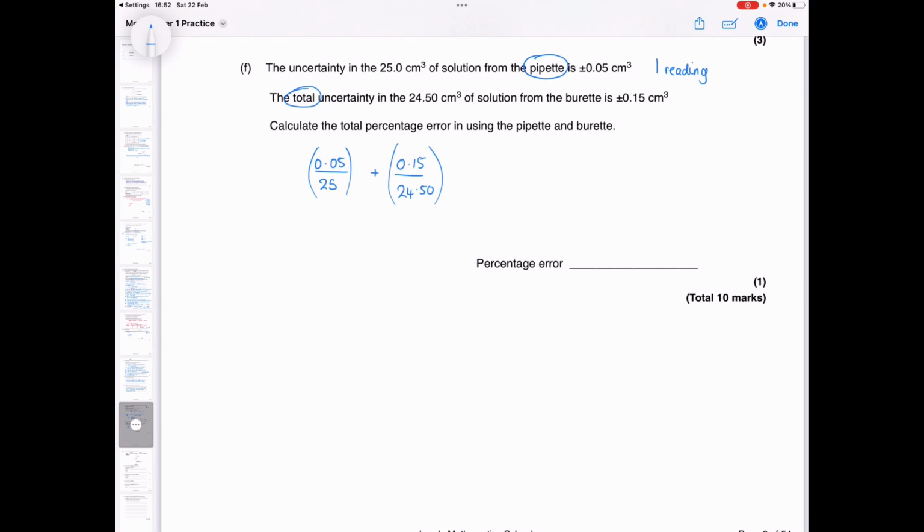So we need to then calculate the percentage error by multiplying that by 100. Do this bit first: 0.05 divided by 25 plus 0.15 divided by 24.5. Multiply that by 100. And that gives us 0.81%.